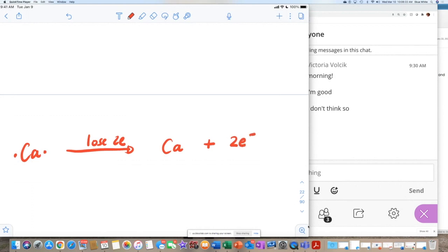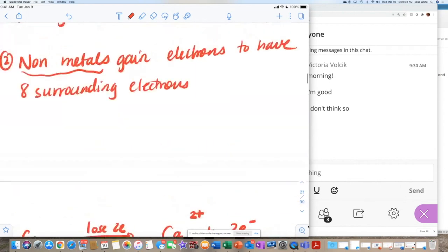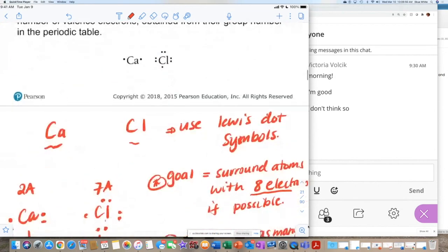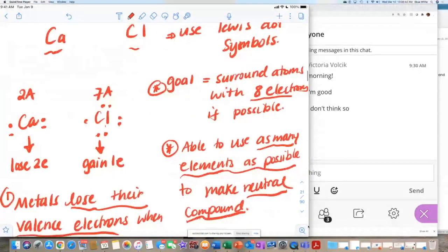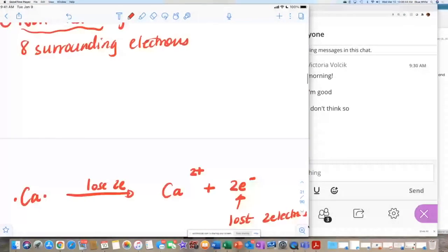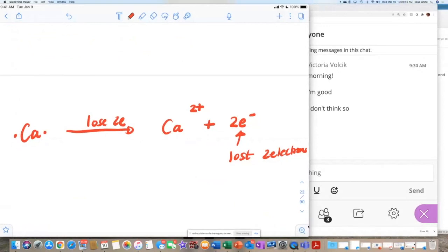We write calcium after it loses 2 electrons as 2 positive. This shows you that calcium has lost 2 electrons. Well, here's the thing though. Didn't I say somewhere here to be surrounded by 8 electrons? So how is it possible that calcium now has 8 electrons?